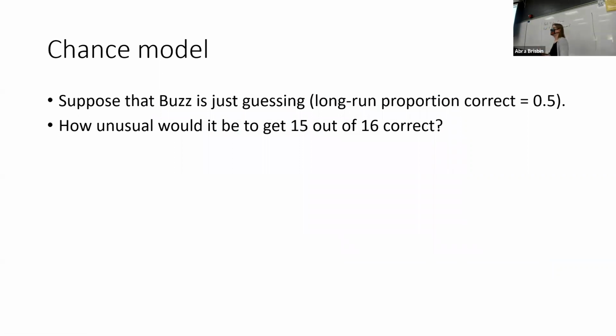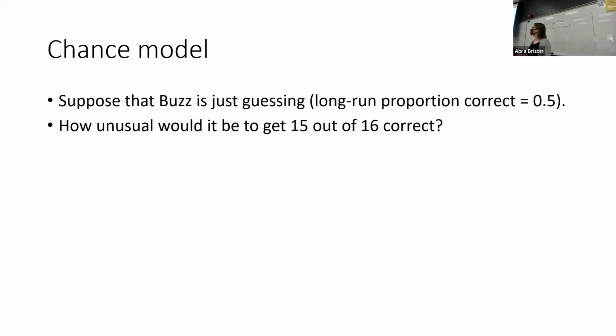In order to investigate whether this is convincing evidence, the approach we're going to take is to suppose that we're in the world where Buzz is really just guessing, where his proportion correct is 0.5. That's our chance model or our null hypothesis.